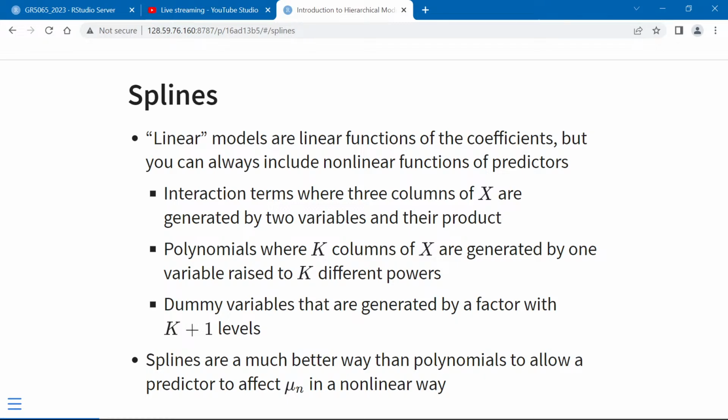We also saw nonlinear relationships when you have one factor variable. So the things that we did last time, or in recitation, where we modeled support for stem cell research as a function of someone's religious beliefs, with fundamentalist, moderate, liberal, etc. So if you have a factor variable with k plus 1 levels, that's going to generate k dummy variables in X, leaving out the baseline.